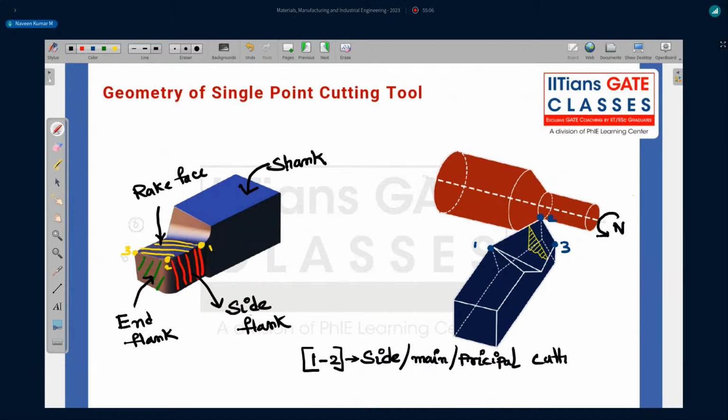And 2 to 3 is known as the end cutting edge, or sometimes the secondary cutting edge, sometimes the auxiliary cutting edge.